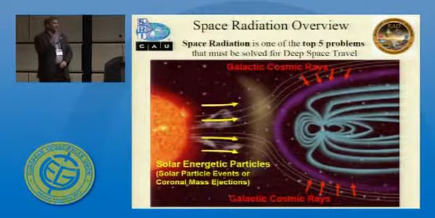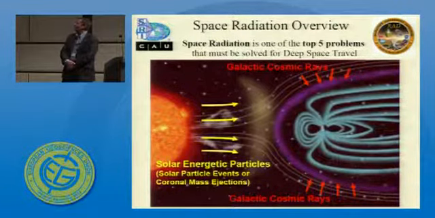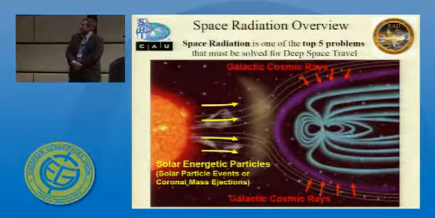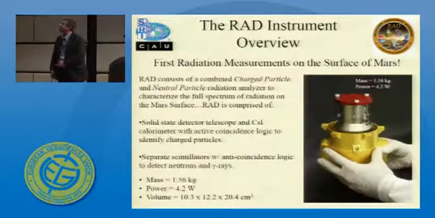And then there's solar energetic particles, which come from the sun. They're episodic and difficult to predict. They can start on the order of minutes to hours and last for hours to days. Their energies vary widely, and they also vary with the solar cycle, but they're highly variable.